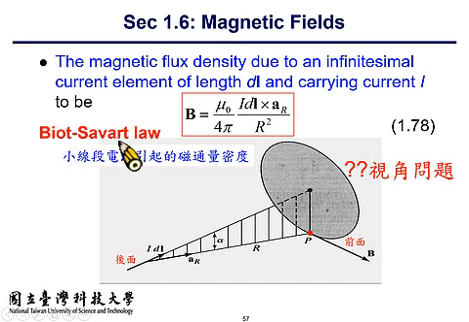Have you heard of the Biot-Savart law? Right, okay, so the Biot-Savart law helps you to determine the direction of magnetic flux density according to the relationship between the source current and the observation point.